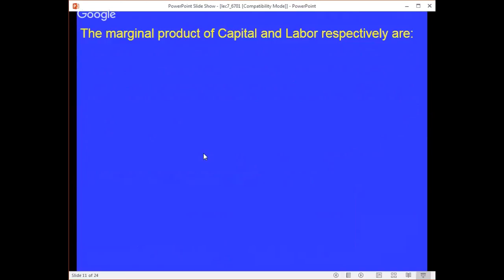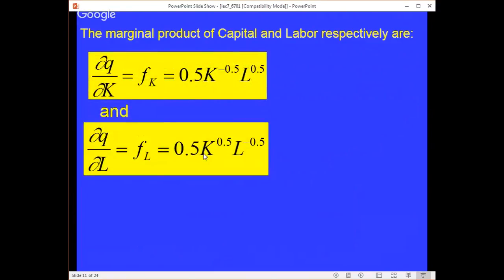So the marginal cost of capital and labor are as follows. I just take my production function, I take the partial with respect to capital, then the partial with respect to labor. I get the marginal product of capital, the marginal product of labor.